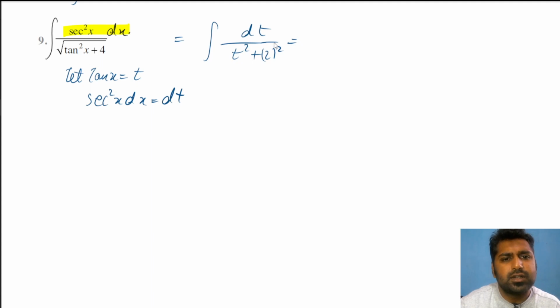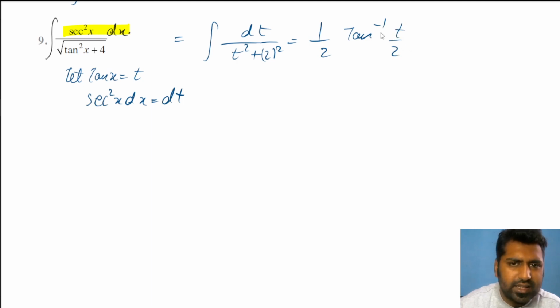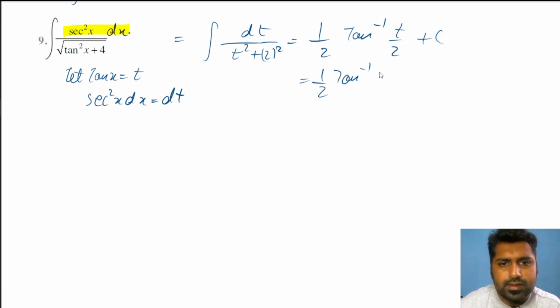So x square plus a square, 1 by a, so 1 by 2 tan inverse t by 2, x by a, basically x is t, a is 2, plus c. So basically 1 by 2 tan inverse, oh nice, tan inverse tan x, sorry, this is upon 2 with t, means upon 2 with tan, not x by 2, okay, plus c.